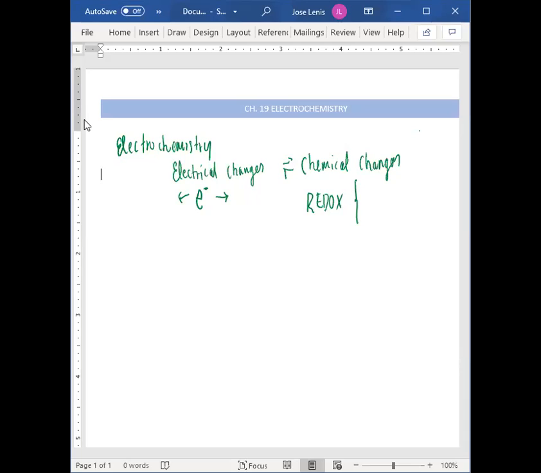Redox is a chemical process where an exchange of electrons between chemical species occurs, and that could be in two different ways. Reduction, when a substance, a chemical species, gains electrons.